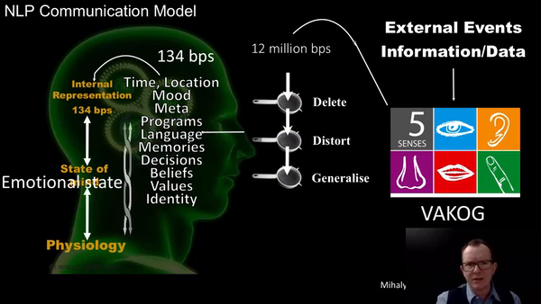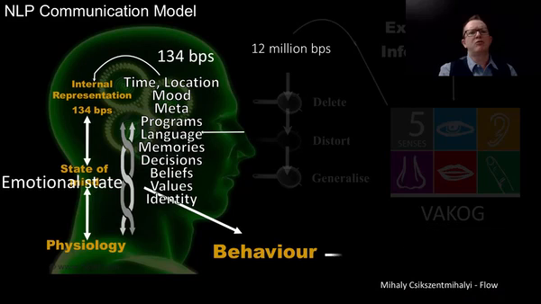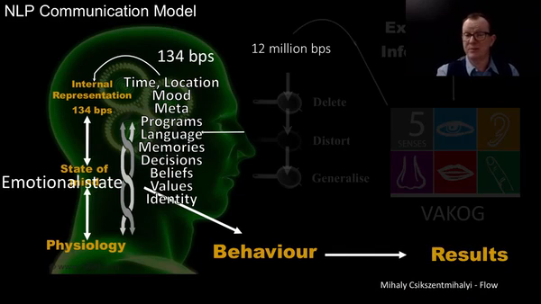Those things collectively will affect our behaviour, and it's our behaviours that ultimately result in our results. So as an NLP practitioner helping my clients or my patients, I'm able to help my patients get better results by changing their behaviours, by influencing either their internal representation of what's happening, their emotional state, or their physiology. And I can change one of those and it can change everything.